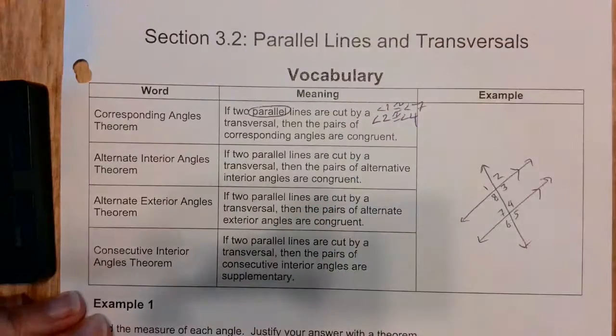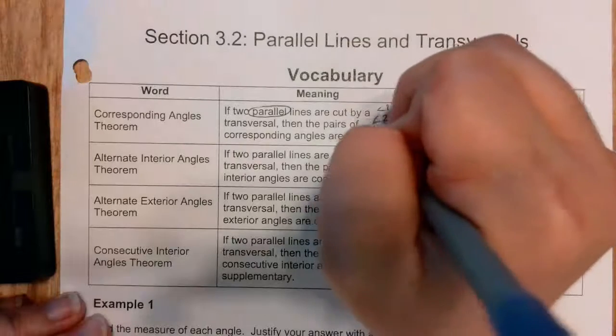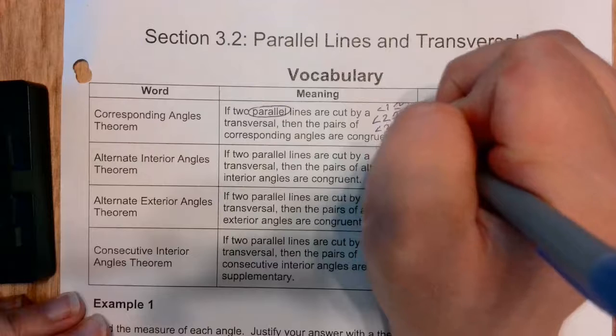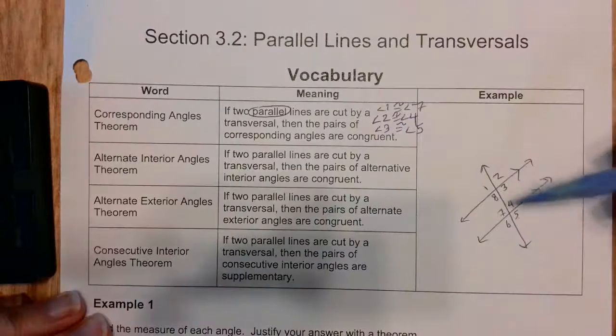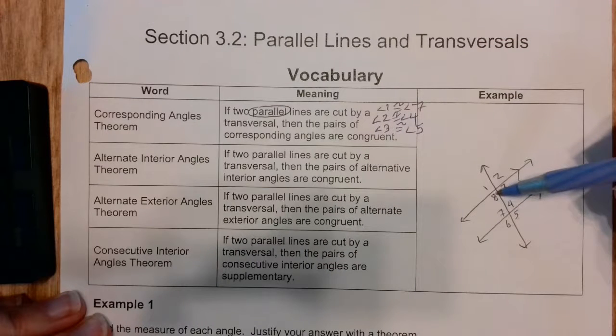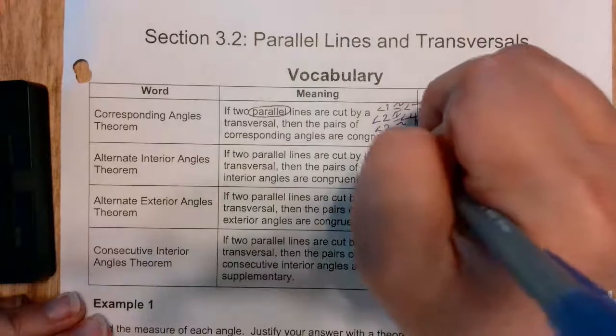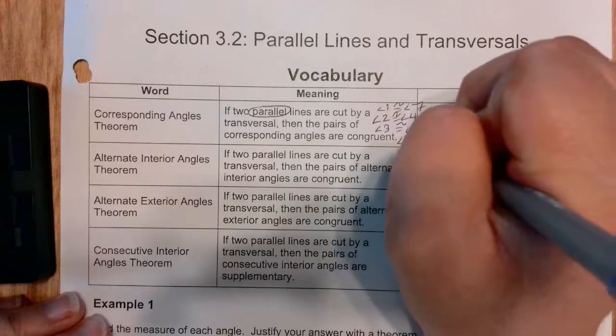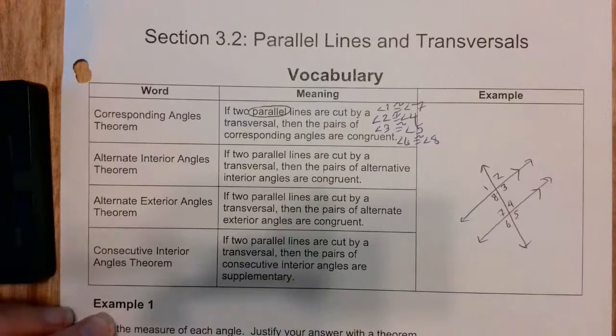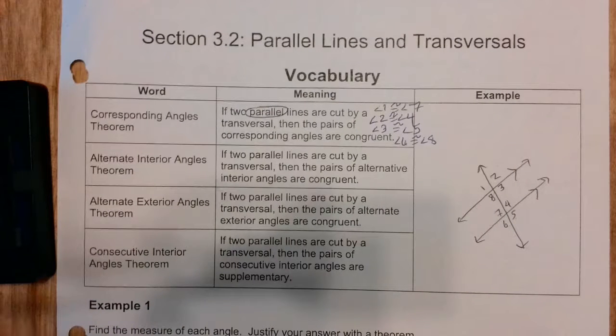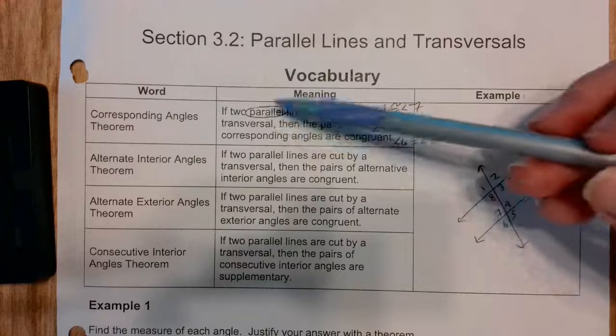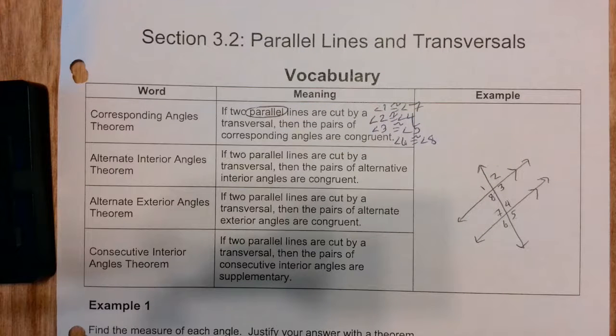It says angle 3 is congruent to angle 5. And it says angle 6 and angle 8 are also congruent. Corresponding angles theorem says corresponding angles are congruent as long as the lines are parallel.